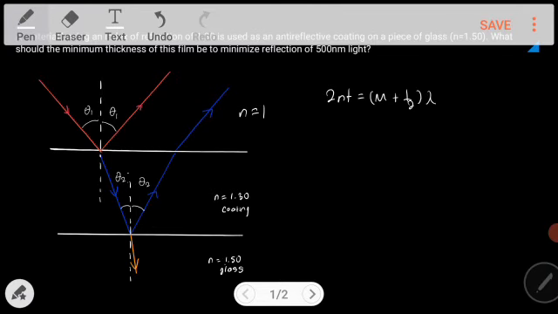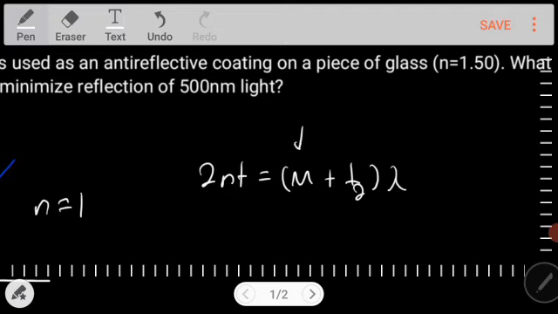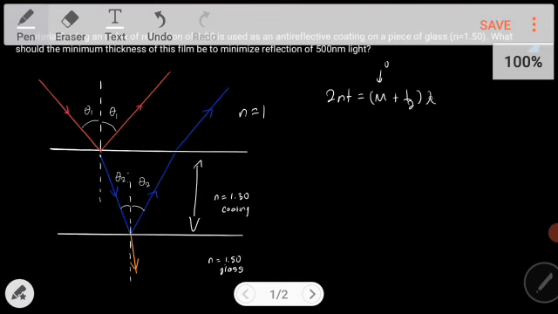The n here is the index of refraction of the middle material between the top and the bottom. t here is the thickness of this thin film. m is an integer multiple. It can be 0, 1, 2, 3, 4, 5, 6 and so on. But since the question asks us to find the minimum thickness, the value of m here should be 0. And notice that lambda is the wavelength of light.